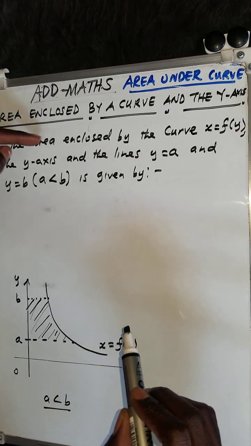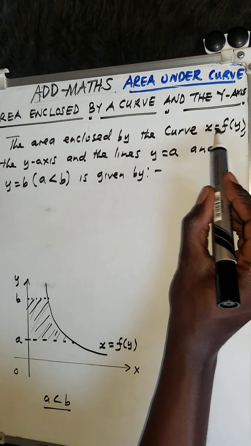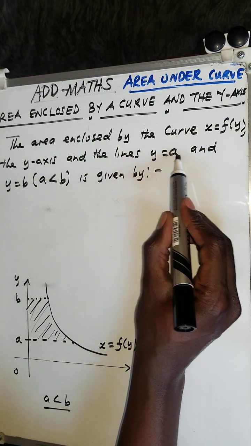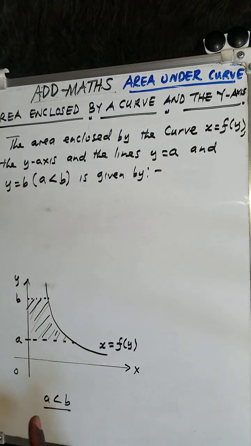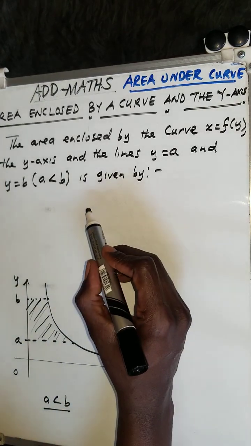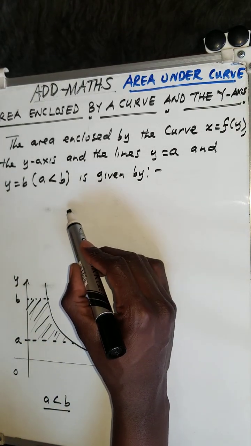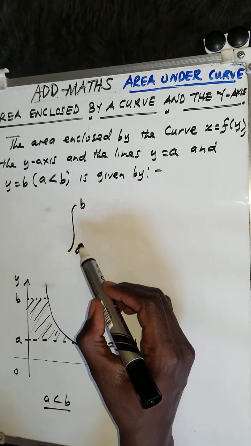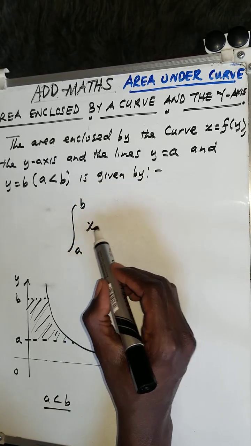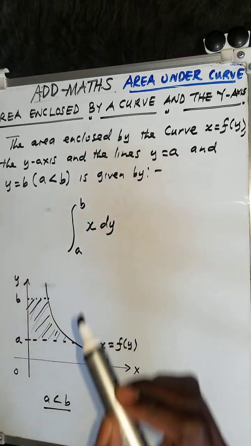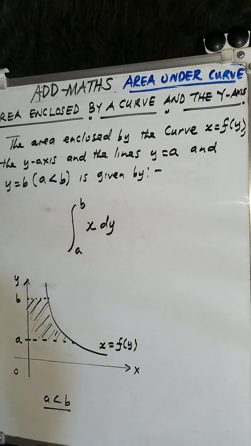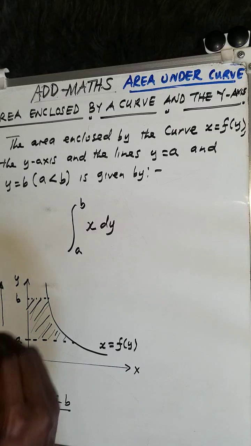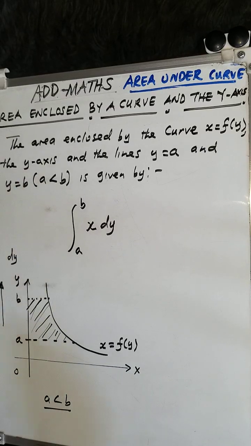So that is why we are saying the area enclosed by the curve x is equal to f of y, the y-axis and the lines y is equal to a and y is equal to b, where a is less than b, is simply going to be given by integrating x with respect to dy, between the upper limit and the lower limit. Why? Because what is changing is the y-axis, so that is going to be dy.